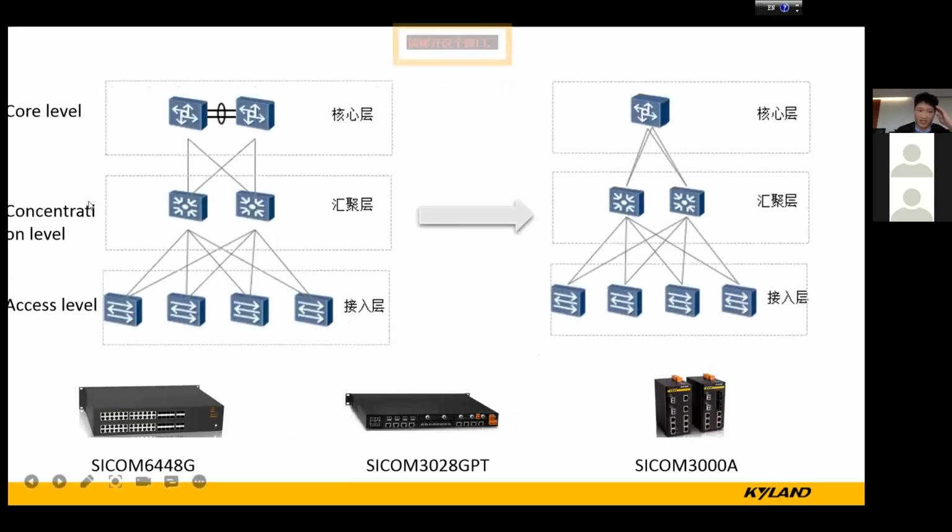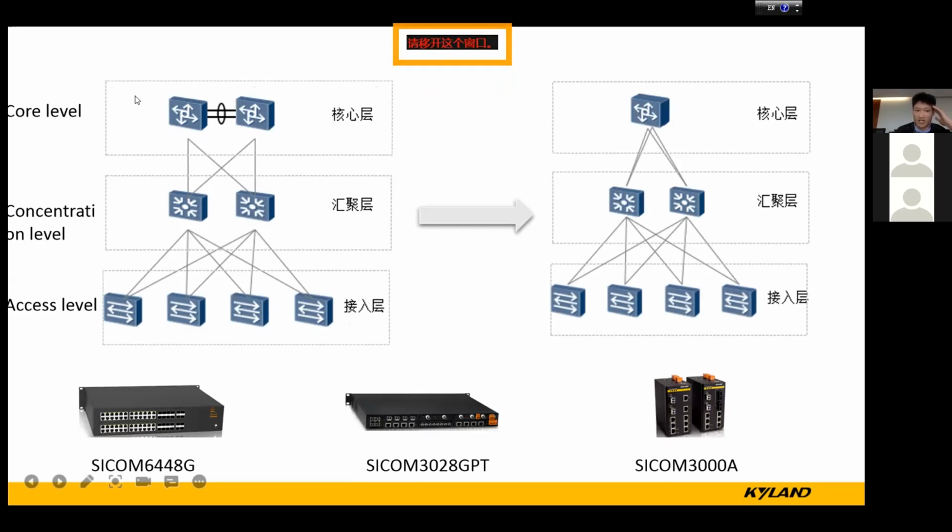And you can see access level, concentration level, and the core level, with dual homing uplinks to the upper layer. And this one also has dual uplinks to the core level.